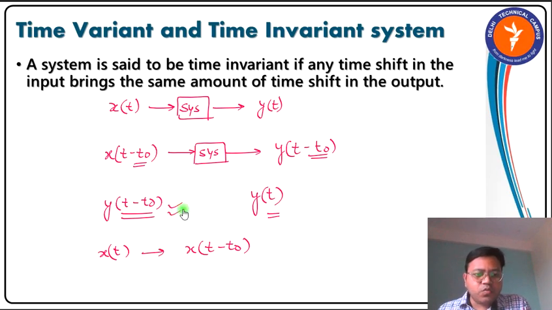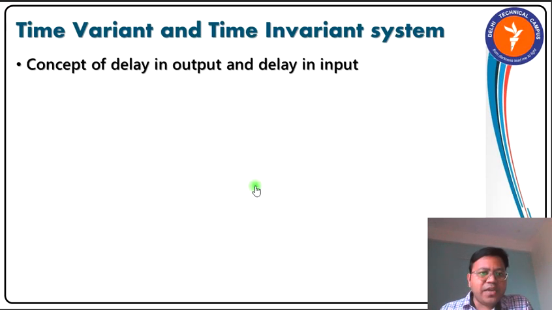And if the response of the system to the excitation x(t - t0) comes out to be equal to y(t - t0), then we will say the system is time invariant. It will become clearer with the examples.